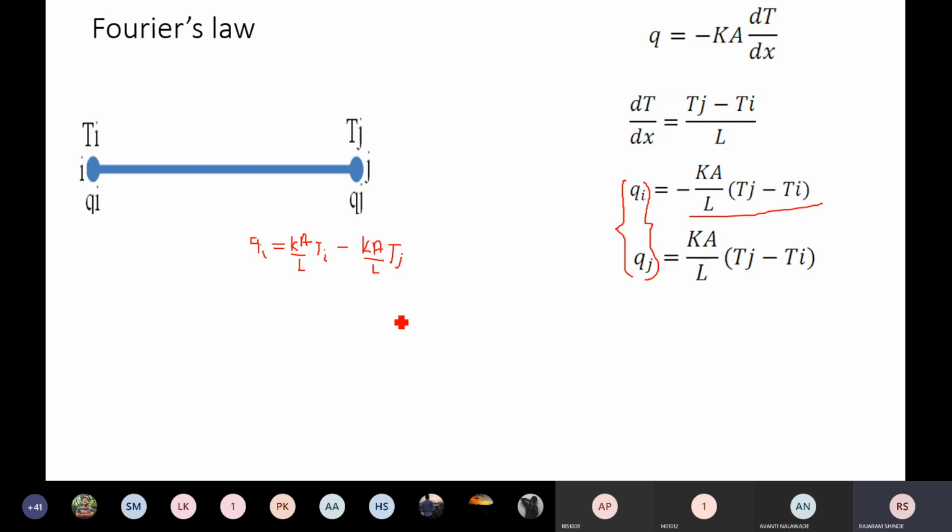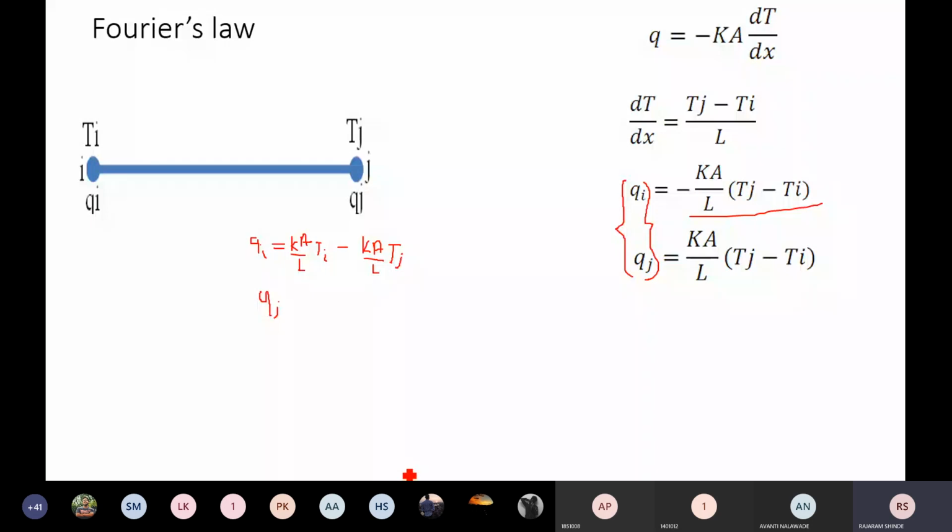Is it correct? First equation. Shreyas, is it correct or wrong? Ajay Mudurkar, are you here? Yes, sir. Right, sir. Okay.